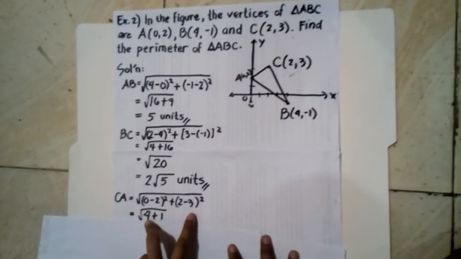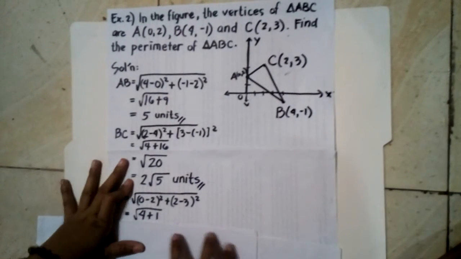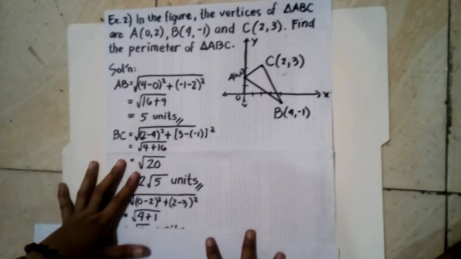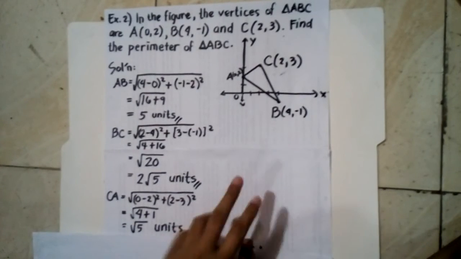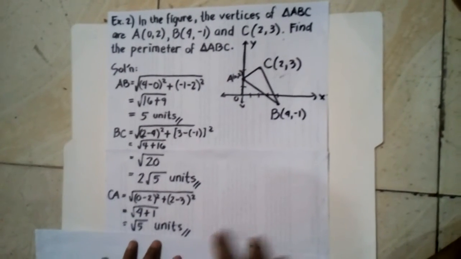And 2 minus 3 is -1, you square it, which is equal to 1. So 4 plus 1 is equal to 5. And our CA is equal to the square root of 5 units.